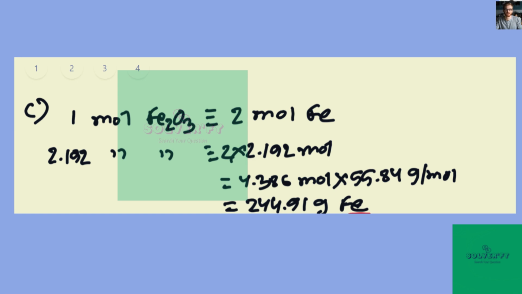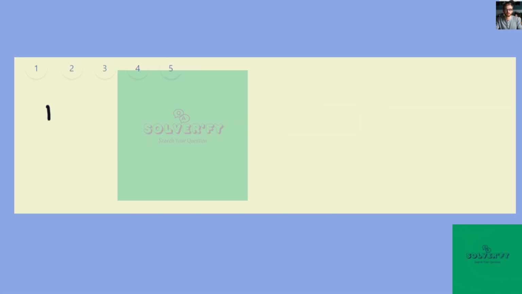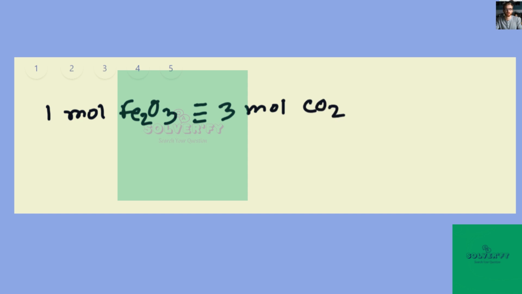Now we'll find out how many grams of CO2 will be produced. So from here we can see 1 mole Fe2O3 can produce 3 mole CO2. That means 1 mole Fe2O3 can give us 3 mole CO2.